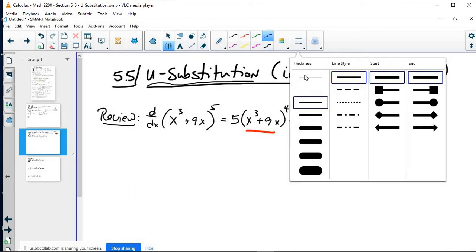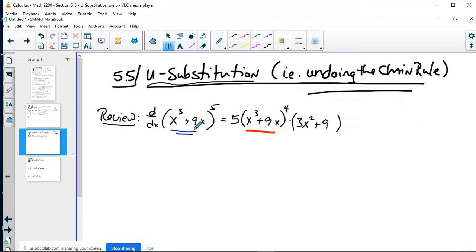Now, when I first covered this concept, I talked about the fact that there's an inside function and an outside function. So what's the inside function? The inside function is u equal to x cubed plus 9x. And the outside function is y equals u to the fifth.